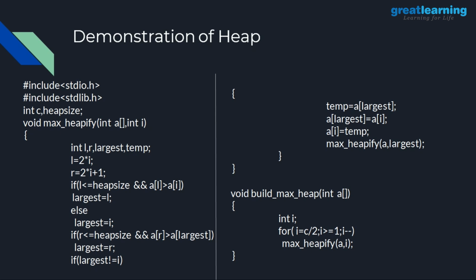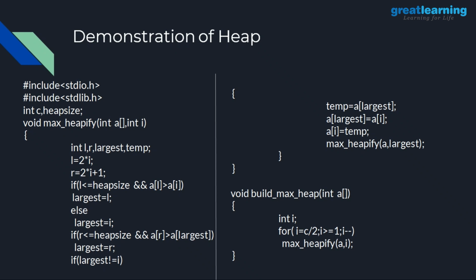Then we will check if it is less than the heap size, and if the left element is greater than the right than the index that we are at, then the largest element is this. If not, then the largest element is the index. Similarly, we can find it in the other subtree. Okay, so this is how we build a max heap. We will build it on each parent node.